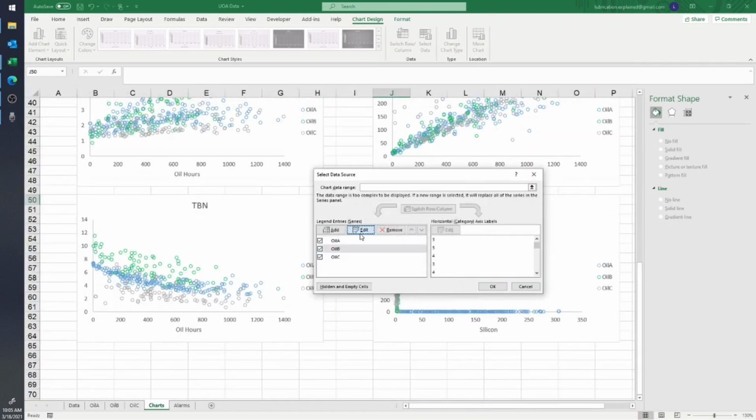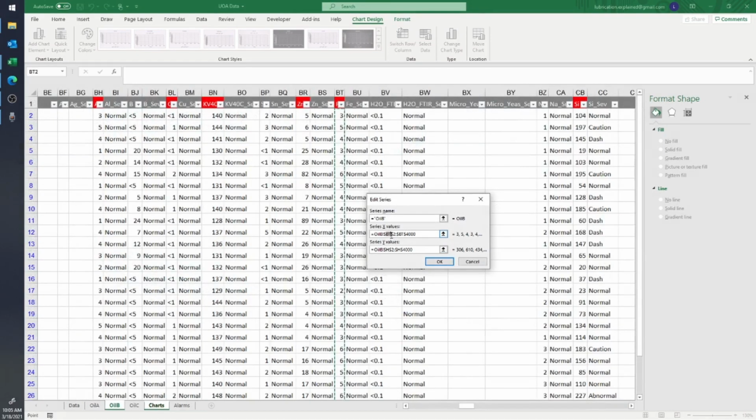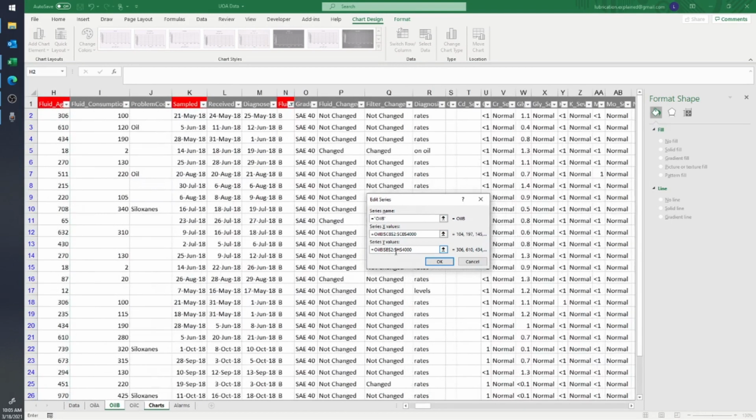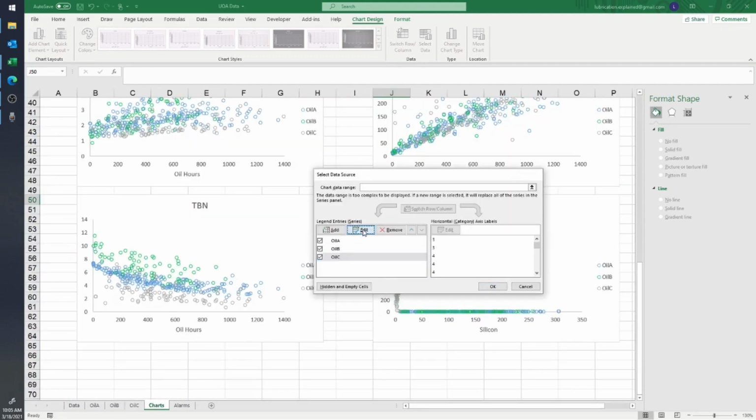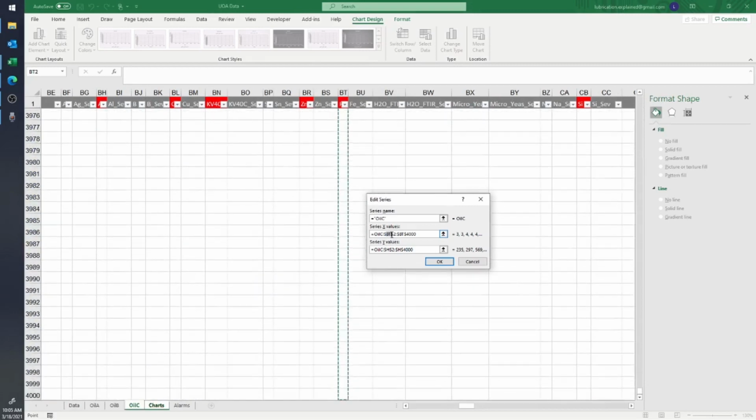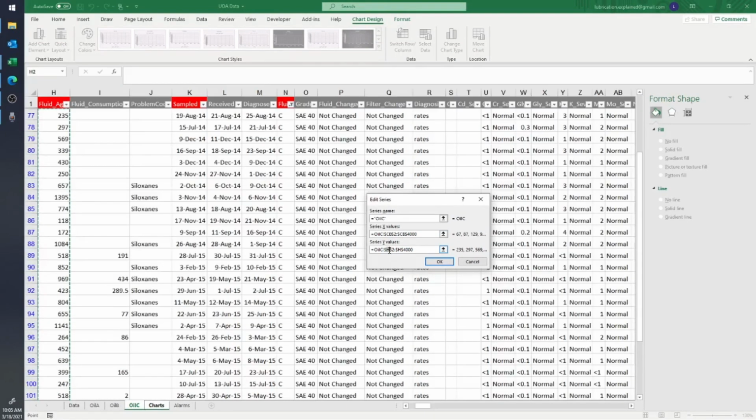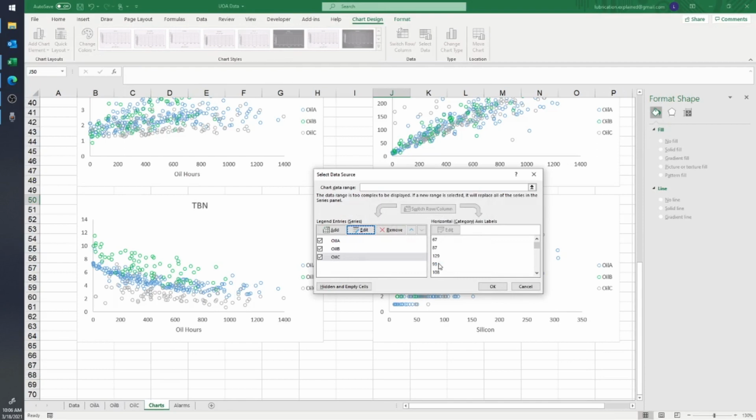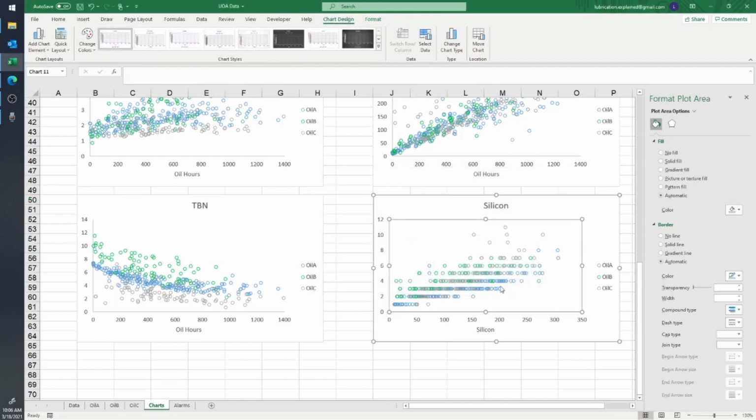Okay, so CB and BT. All right, that looks better.